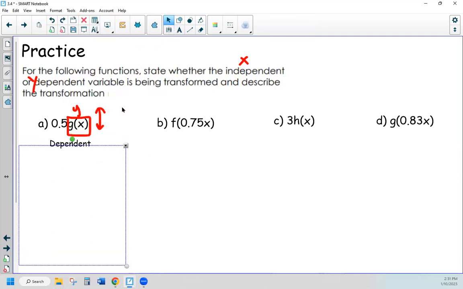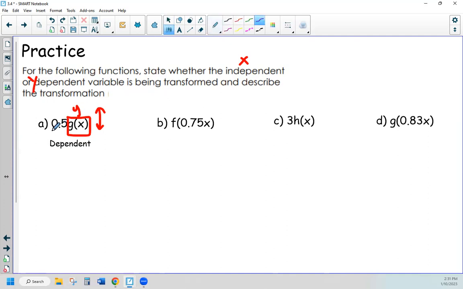I am affecting the dependent, the y. And what is the transformation that's happening? Now I go to the second part and ask myself, look at this number. Is this number greater than 1 or is it a fractional number? The answer is it's a fractional number. That means we are going to get a wider graph. Whenever we have a fractional number, we get a wider graph. So this is what's happening. This is our original.